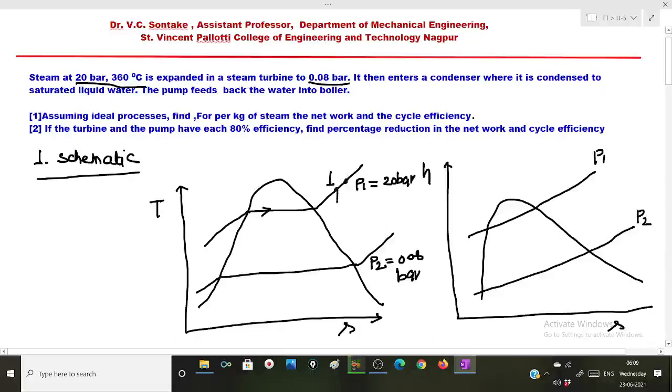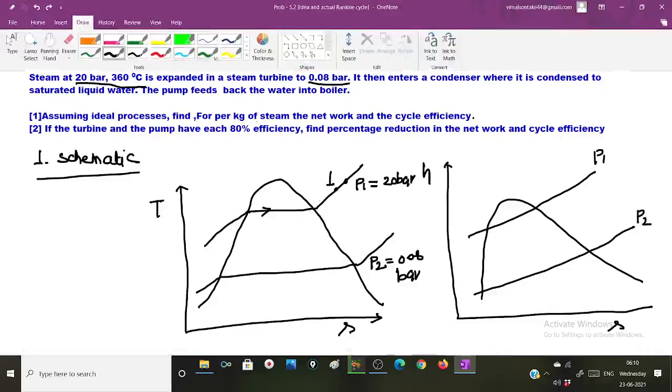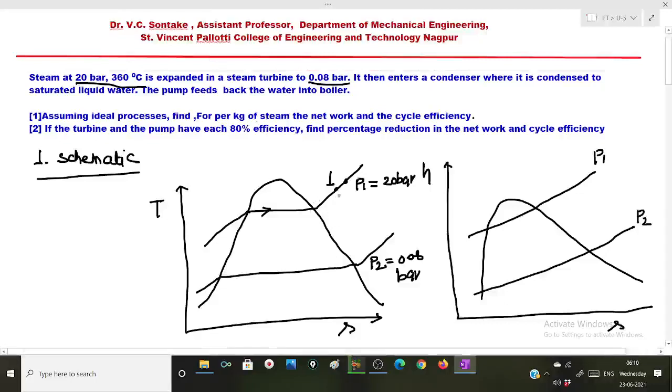So 1 to 2 will represent isentropic expansion in the turbine, and steam after expanding in the turbine will become wet steam.